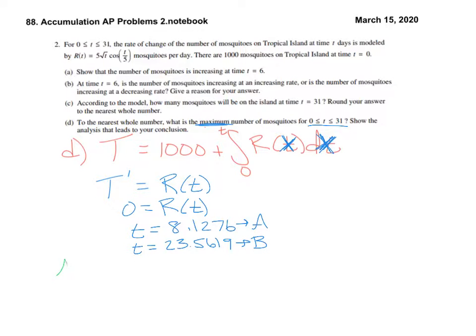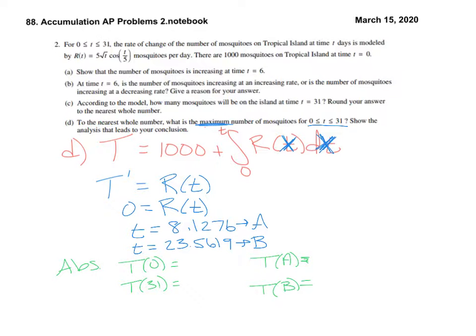So for absolute, I'm going to find t of 0, t of 31, t of A, and t of B. And if you label these as A and B, you can write that. You don't have to actually write it out.